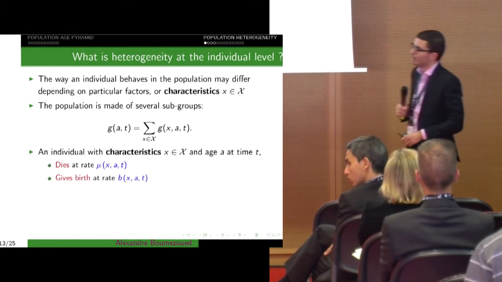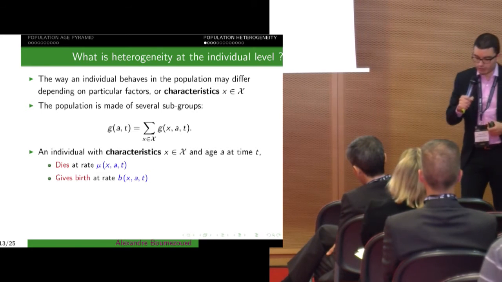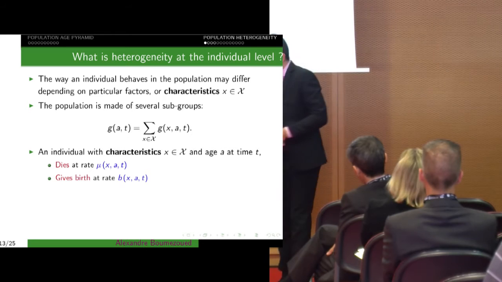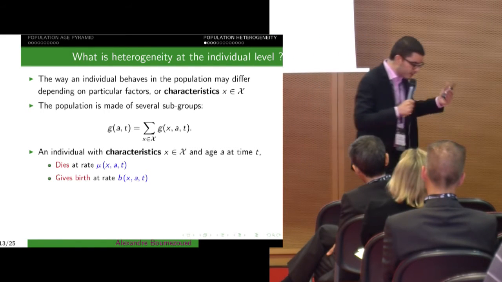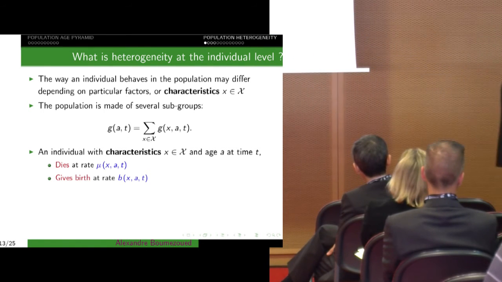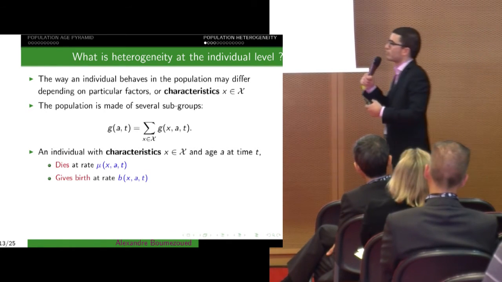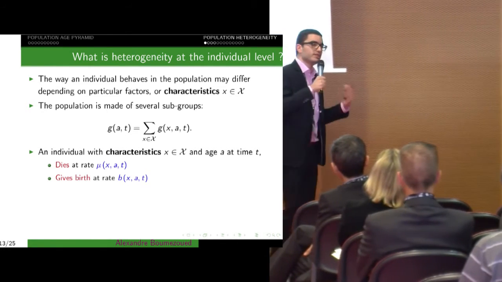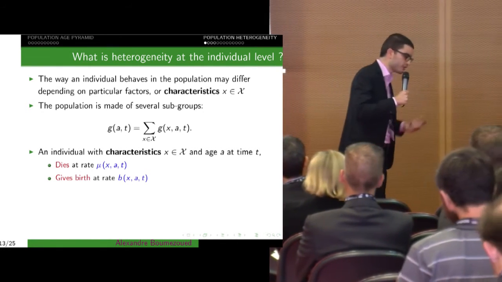Okay, so let us go through heterogeneity, which is also based on the comments and the talk by Nicole, who states that in fact you have to look at the population at a deeper level, the microscopic level. Your population is composed of many subgroups which share some characteristics.